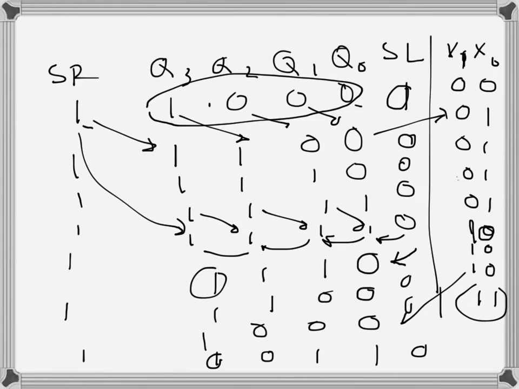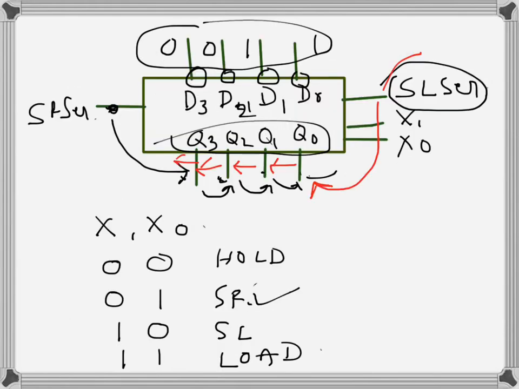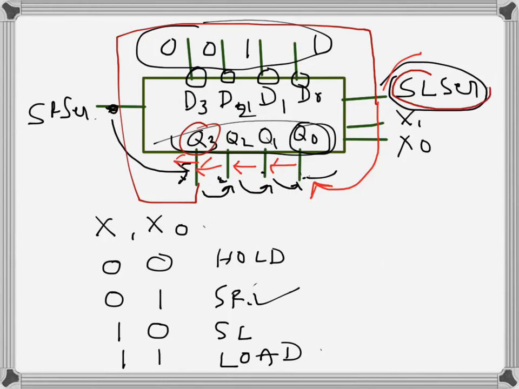And also, as we saw, for the shift right operation, this last bit is getting lost. For shift left, this one is getting lost, so that can be avoided by having a loop connection. So if for shift left this is connected back to here, the shift left serial input will keep changing because this one is coming back here, so a loop operation can be made.